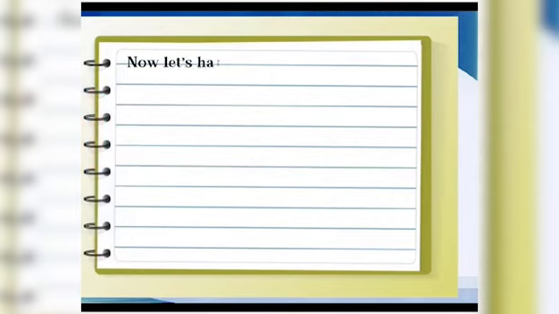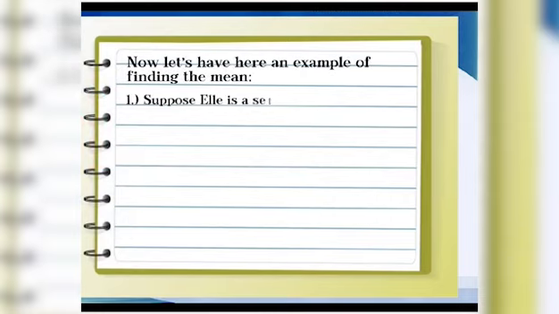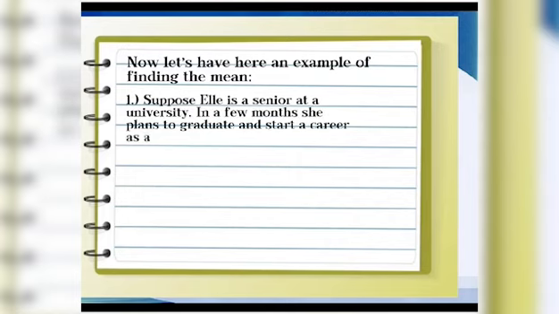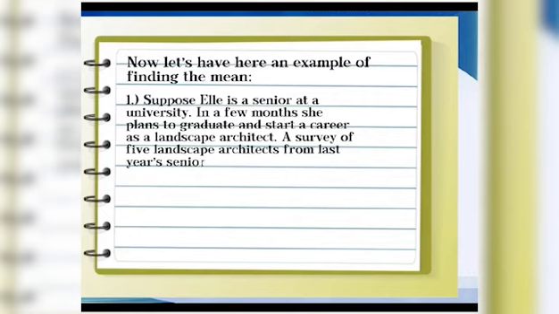Now, let us have an example to find the mean. Suppose Ellie is a senior at a university. In a few months, she plans to graduate and start a career as a landscape architect.